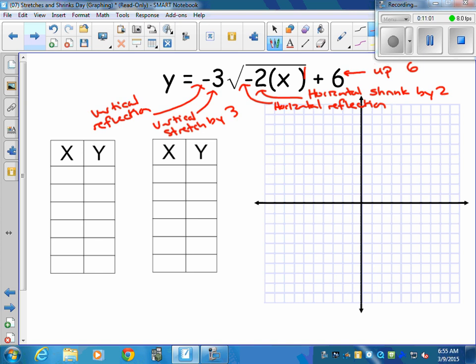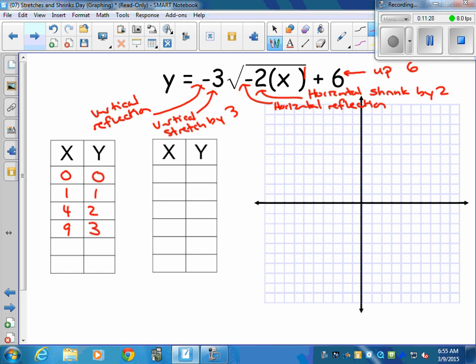So now we've got a lot of operations. We always want to go back to the original parent function and start from there. So 0, 0, 1, 1, 4, 2, and 9, 3. Now when it comes to your vertical reflections, vertical stretches and shrinks, horizontal reflection, horizontal stretch and shrink, those are always easiest to do on the table itself.